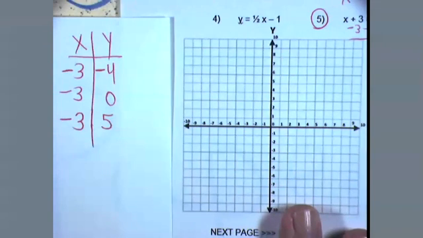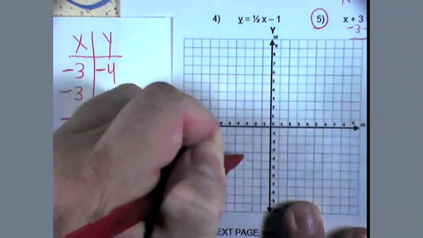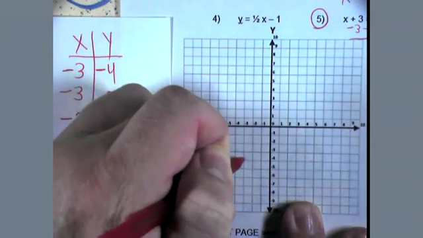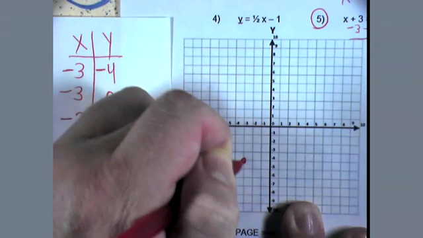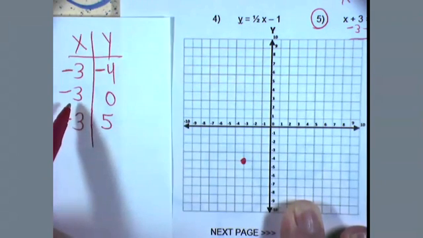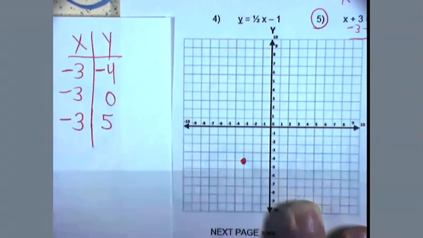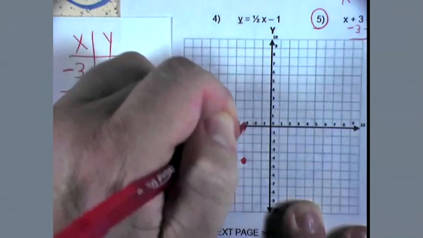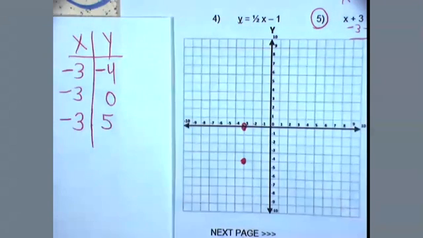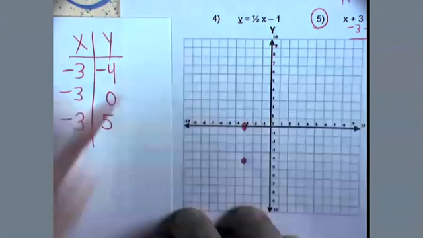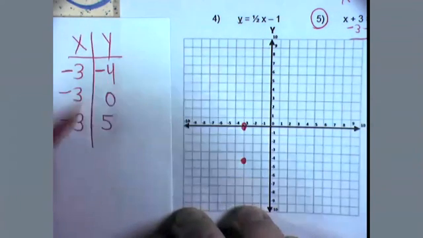So negative 3, negative 4 means we go left 3 and down 4. Negative 3, 0 means we go to the left 3 and then stop. And finally, negative 3, 5.